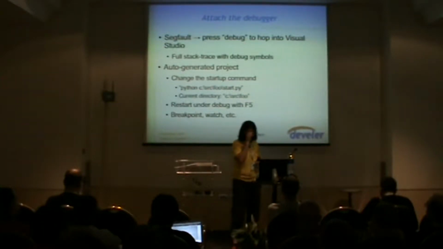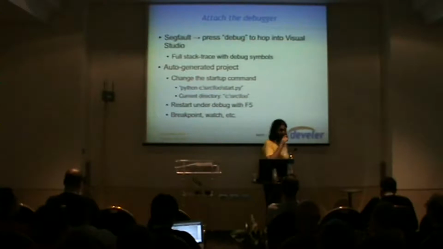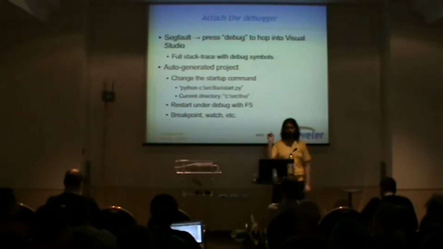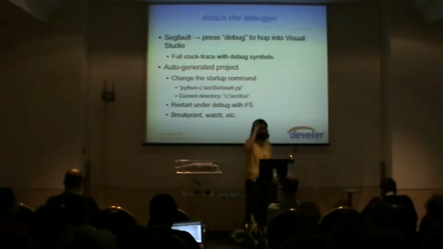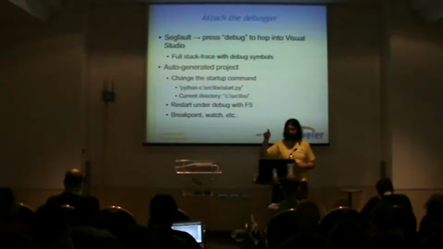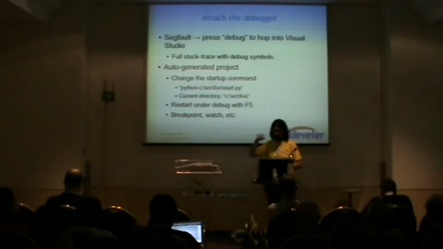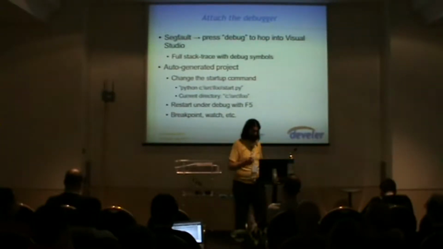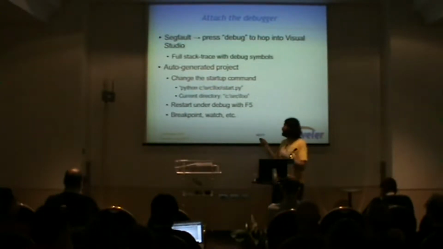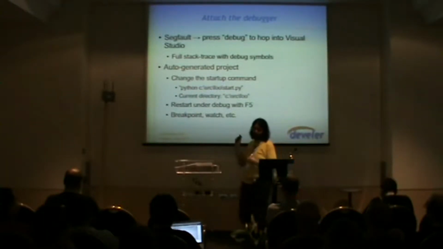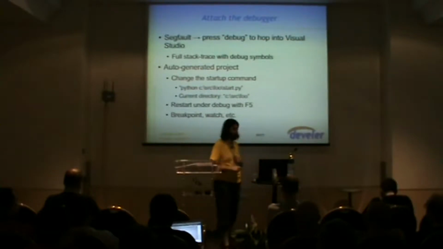Another nice feature of Visual Studio is that if you get a segfault, you press debug and jump into the debugger. If you save the generated workspace, you can then modify the command line and rerun the whole application within a debugger. This is the easier way to do it. So you restart with F5, you put breakpoints in your C++ code, and you can debug.